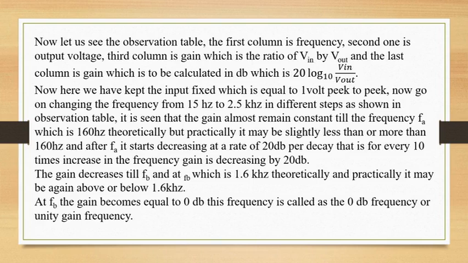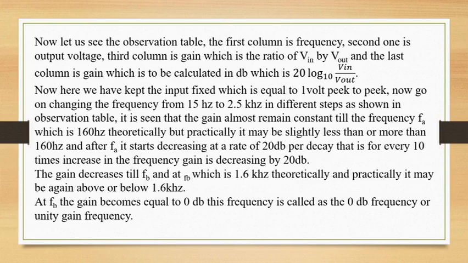It is seen that the gain almost remains constant till the frequency FA, which is 160 Hz theoretically, but practically it may be slightly less than or more than 160 Hz, and after FA it starts decreasing at a rate of 20 dB per decade. That is, for every 10 times increase in the frequency, your gain is decreasing by 20 dB.